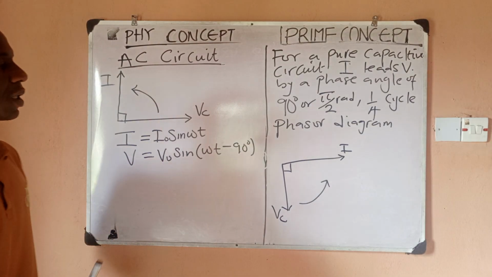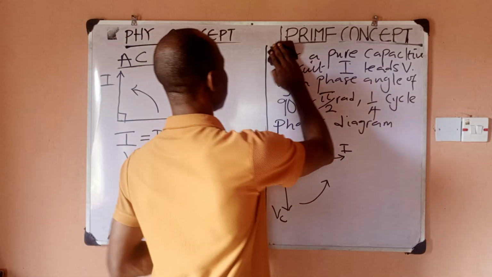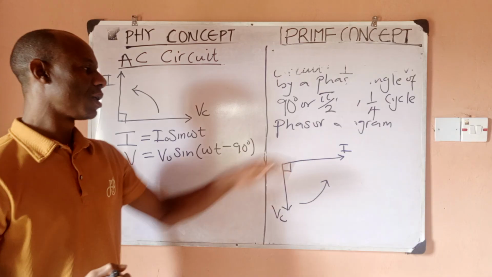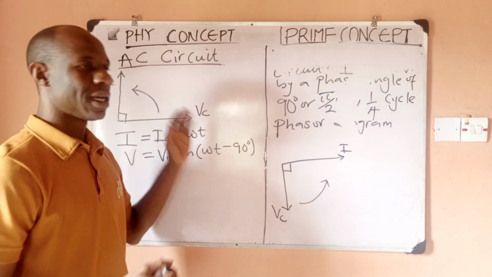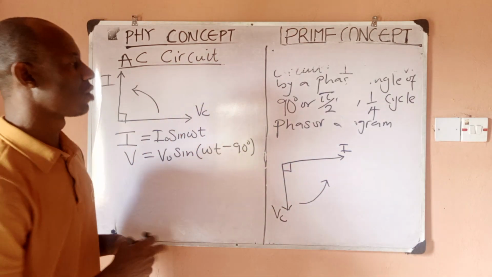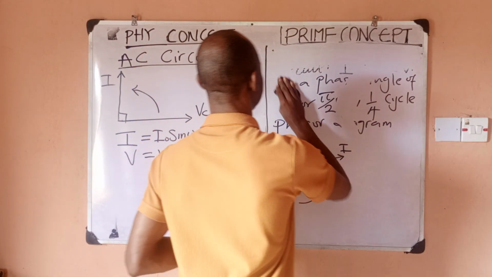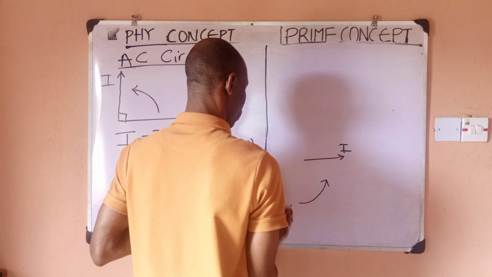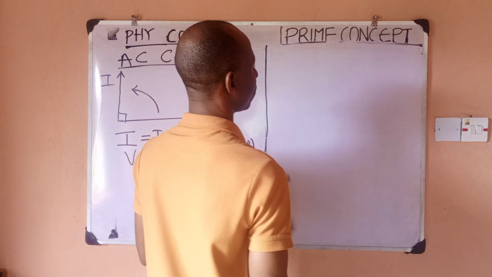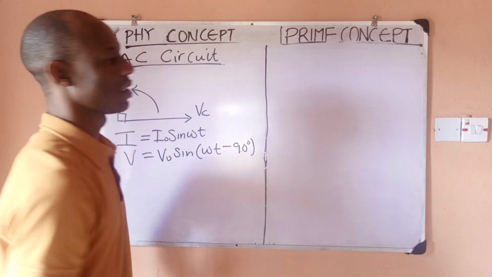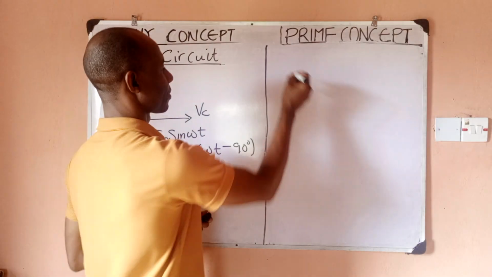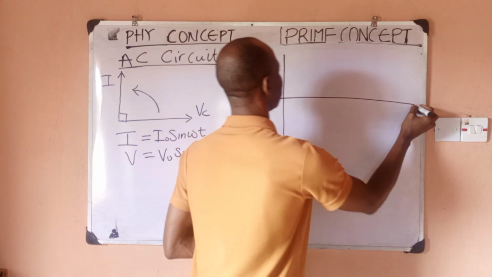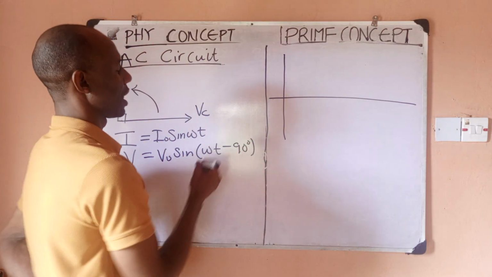Now, quickly, let's give the waveform. Remember, we always draw two kinds of diagram: the phasor diagram, which is this, and then the waveform. So I'm going to draw the waveform for our purely capacitive circuit. The waveform is just a diagram that shows how current or voltage varies with time, while our phasor diagram is a diagram that gives us the relationship between voltage and current.